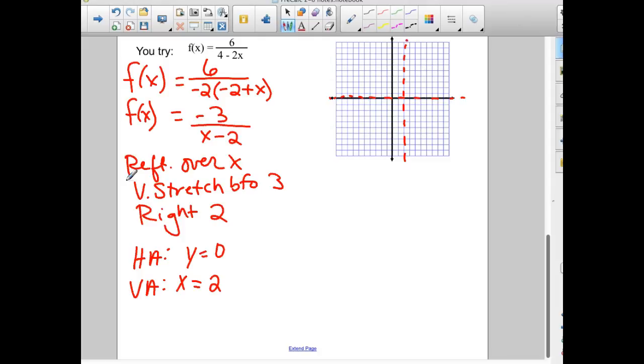All right, now we have done a reflection. So again, we're thinking positions, quadrants 2 and 4. And then we've stretched it some. All right, so let's try 1 and 3 again since we can't be at 2.